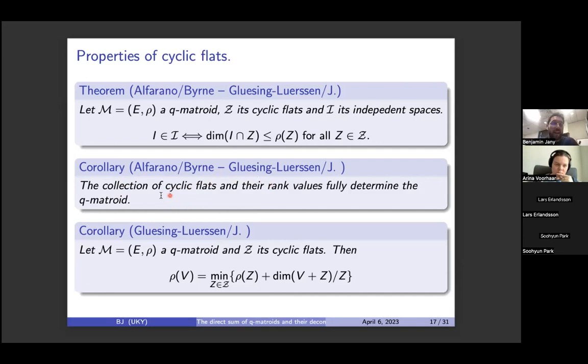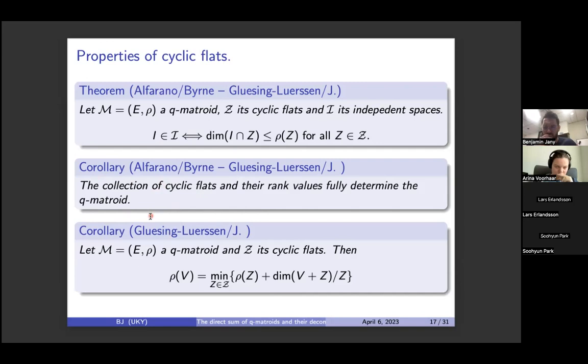Okay. And this was also shown by Alfano and Byrne, where instead of going through the independent spaces, they went through the flats of the q-matroid. They showed that the flats of a q-matroid can be fully determined by the cyclic flats and their rank values, and then used the cryptomorphisms on flats to show that the cyclic flats together with their rank values fully determine the q-matroid.